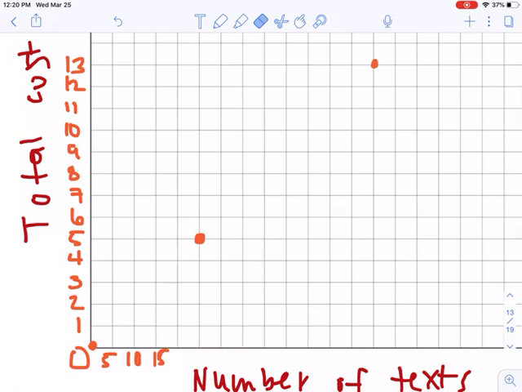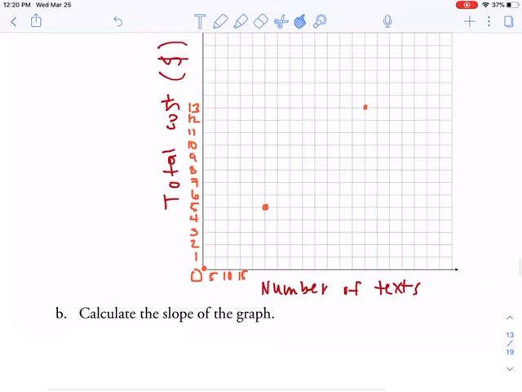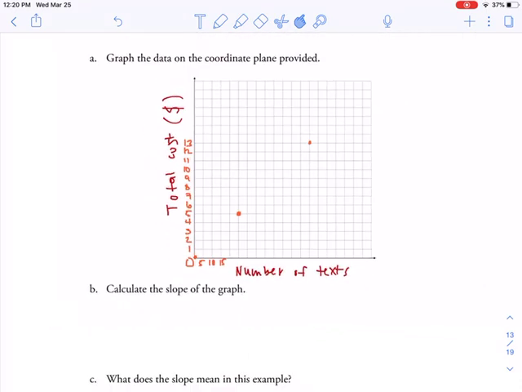All right, perfect. So now we have a neat and tidy graph, well, as much as possible with this bad stylus. Hopefully yours are very neat and tidy. That would be great. Okay, and there we go. That's a graph. And then the last thing we need to do, of course, is put a line through the points because, as you might imagine, if I were to send 10 texts, I would still have to pay for that. Or if I sent 15 texts, I would have to pay for that as well.